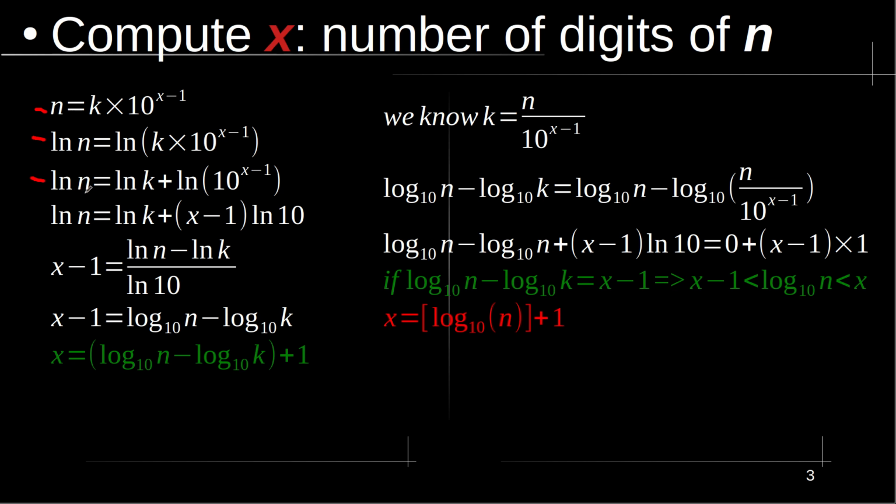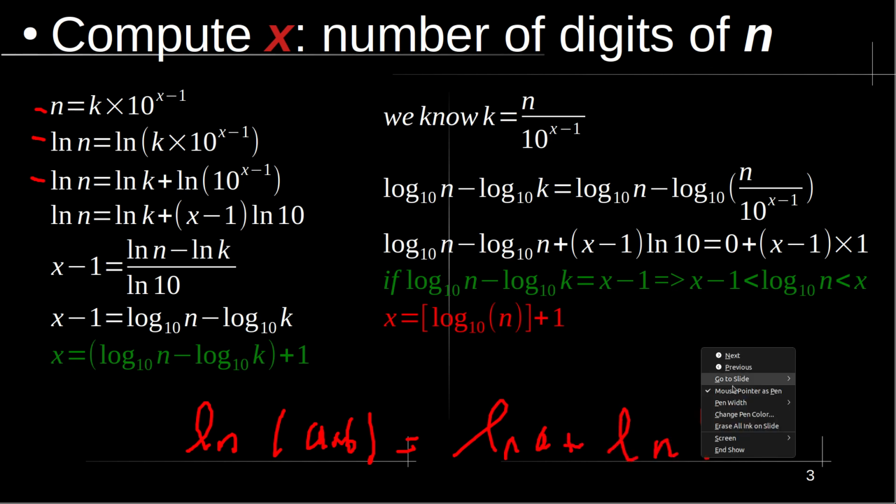the natural logarithm of n is equal to the natural logarithm of k plus the natural logarithm of 10 power x minus 1. As we know here, the logarithm of a times b is equal to the natural logarithm of a plus the natural logarithm of b.